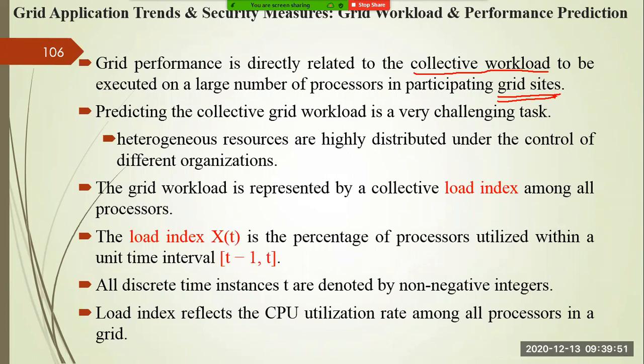Like I told you, the nodes which participate in the grid may join or leave at any point of time. If at a particular point of time most of the resources have left, then what happens? You cannot achieve the grid performance. The number of processors contributed by various organizations, if they leave at the same time, then what will happen?